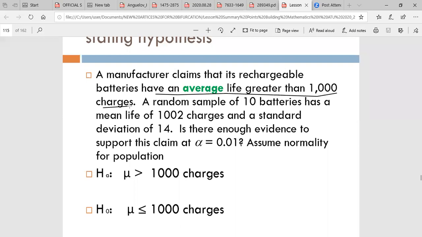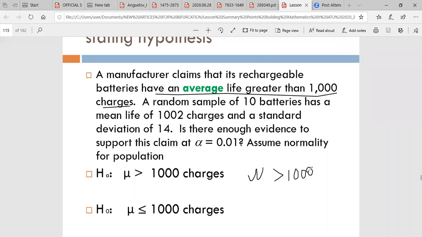And we all know that average is what? The average is just the mu, right? So it says the mean of all the batteries I produce. So it's a population mean, okay, is greater than. So greater than, we write the greater than notation. And he says it's greater than what? 1,000 charges, okay? So that is step one.